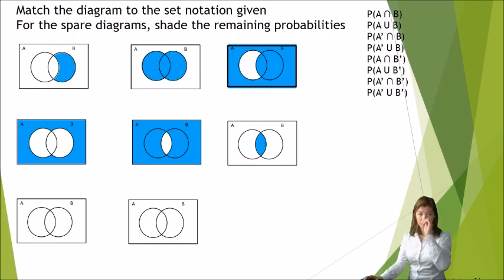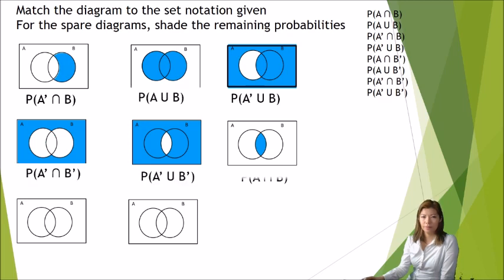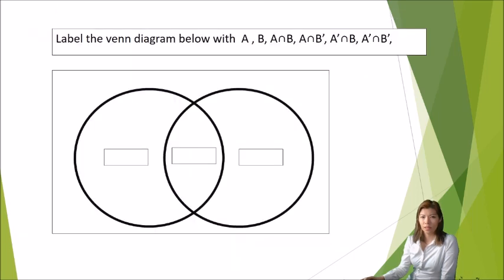Here's another example. Pause the video if you want to give it a go. Label these as A, B, A intersect B, etc. So you might want to pause the video and give this one a go as well.